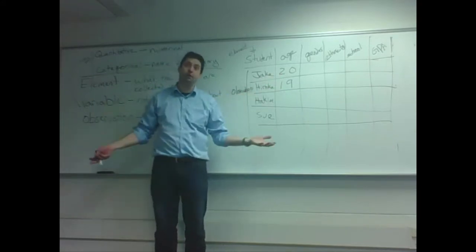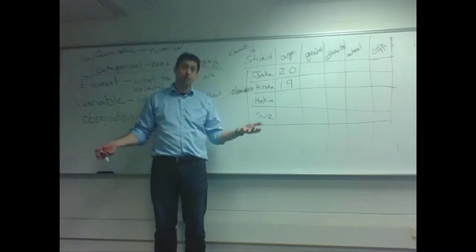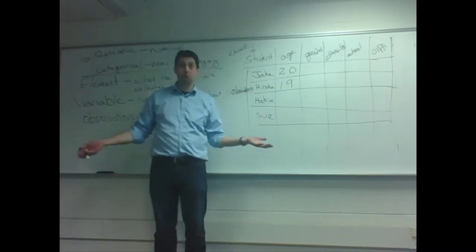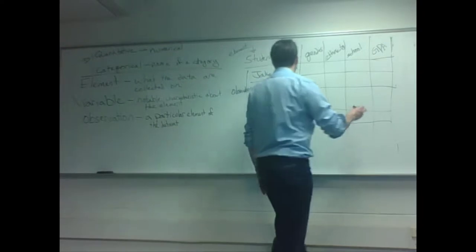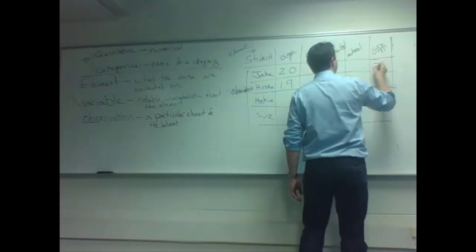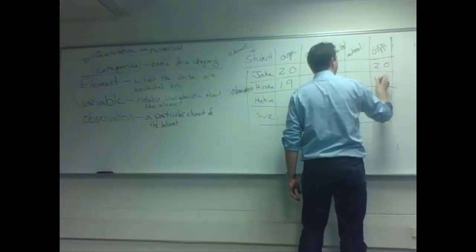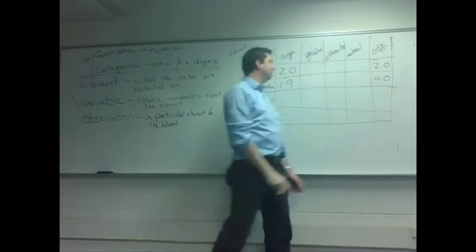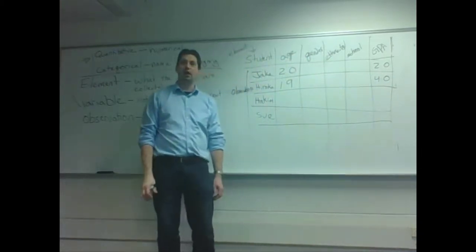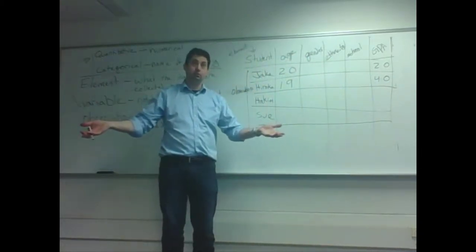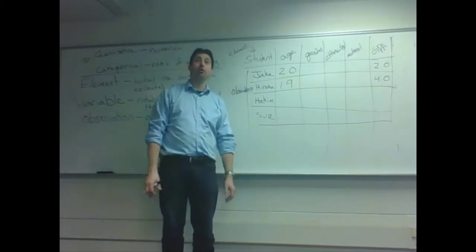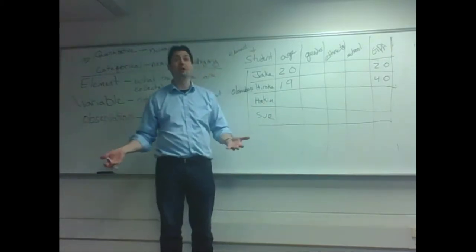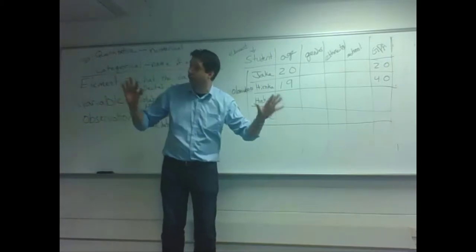You can also say one is younger than the other, right? Or if Jake has a 2.0 GPA and Hiroka has a 4.0 GPA, you can say Hiroka has a higher GPA, right? You can also say Hiroka's GPA is twice as much. That makes logical sense.